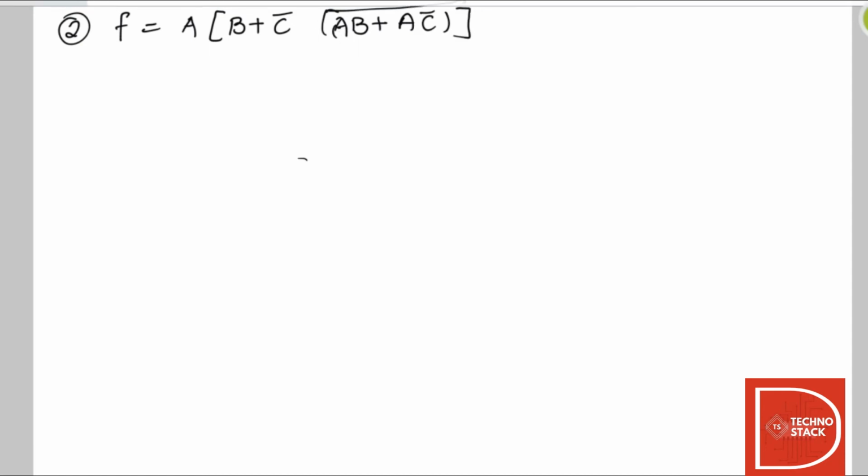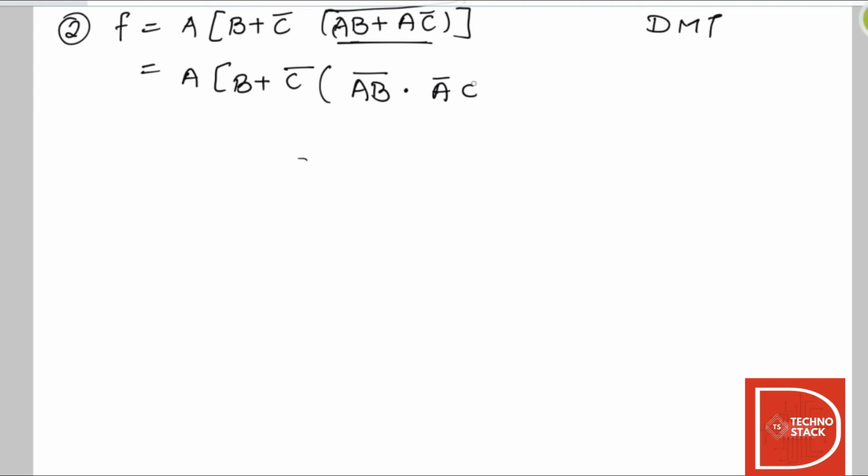First we'll apply De Morgan's theorem: break the line, change the sign. So we get (ab̄)' dot (ā c), and now we'll again use De Morgan's theorem for these two terms.